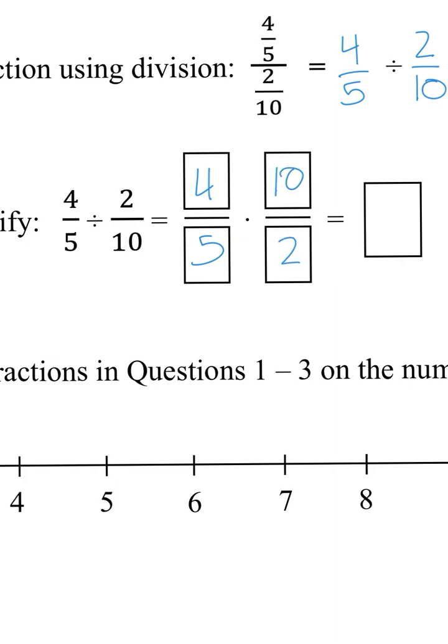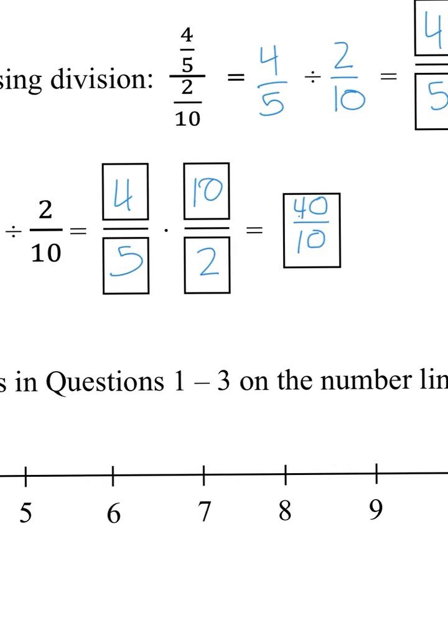Okay, so 4/5 divided by 2/10. Let's go ahead and do this. Keep, flip, change. All right, here we go. 4 times 10 is 40, over 5 times 2 is 10. And then what's the greatest common factor of 40 and 10? That is 10.